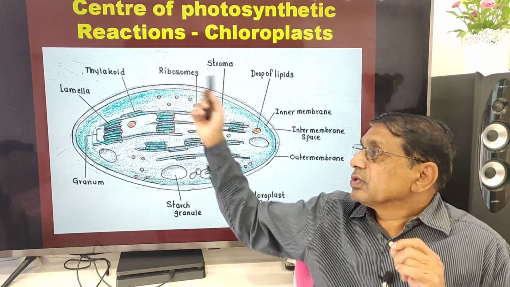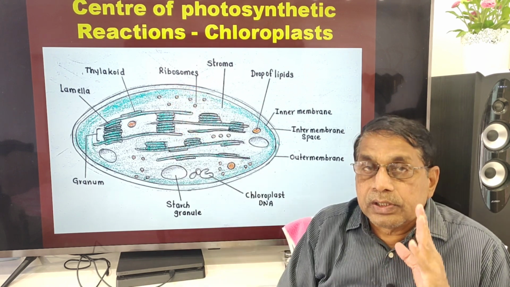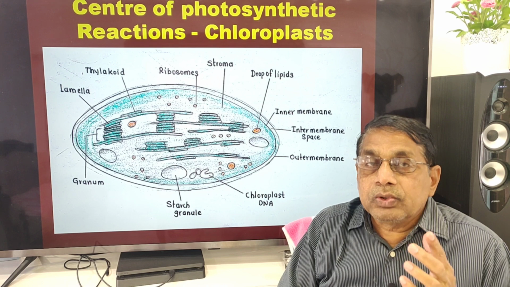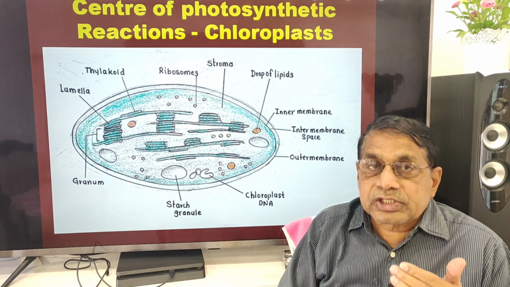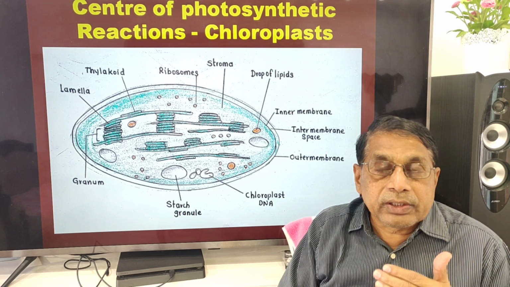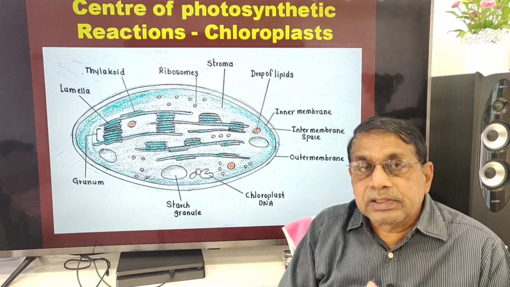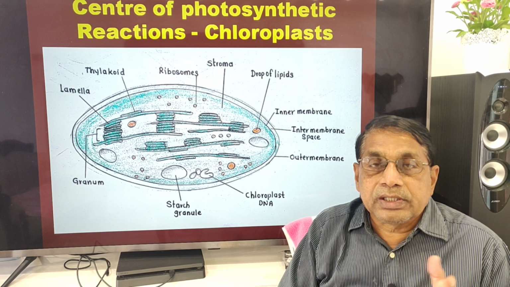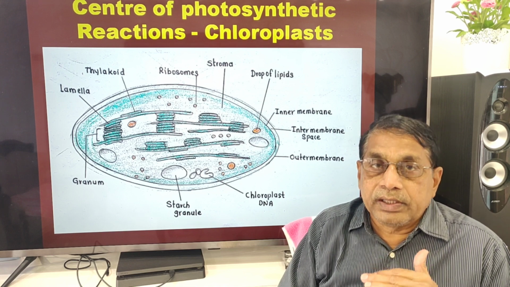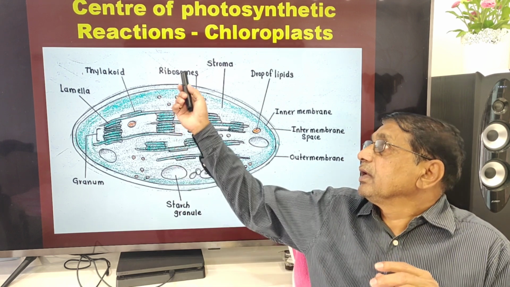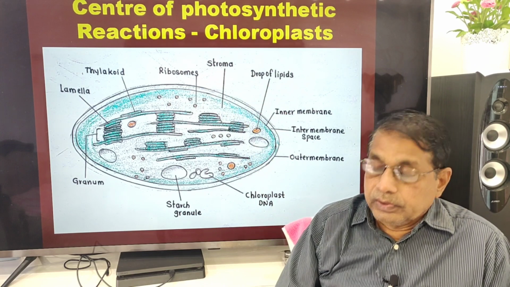Then ribosomes are also present. Remember, these ribosomes are 70S type, not eukaryotic type but prokaryotic type: smaller subunit 30S and larger subunit 40S together make 70S ribosomes.